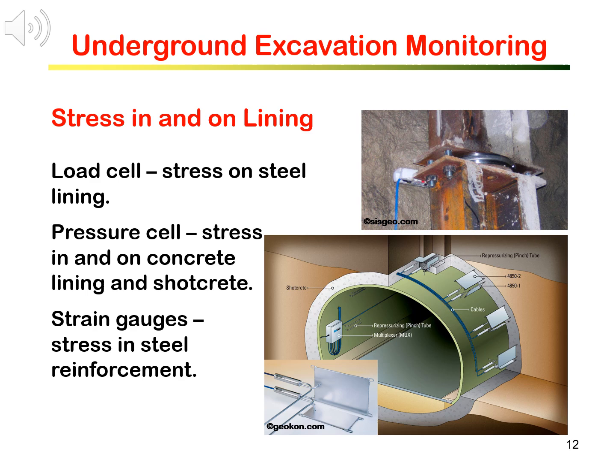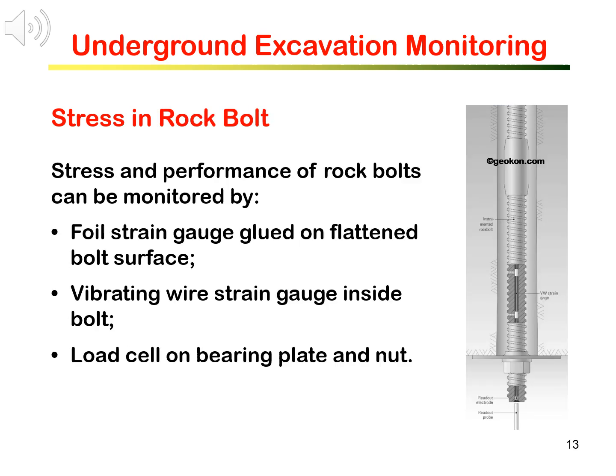Strain gauges can be attached to the steel reinforcement bar in the concrete cage to monitor load on segmental lining. Effectiveness or performance of rock bolts can be monitored by measuring the stress or strain of the end-anchored bolts installed in the rock masses.